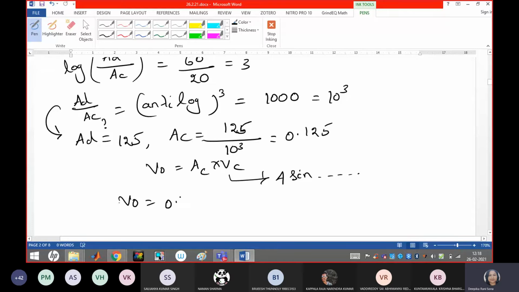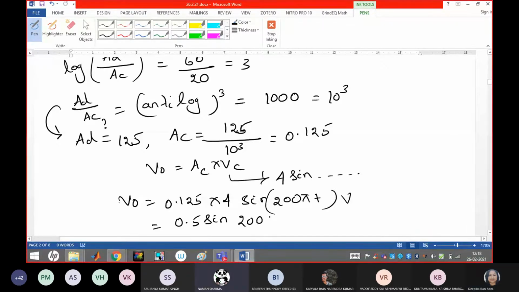V0 equal to 0.125 into 4 sine 200 pi t volt, right? So the new answer is 0.5 sine 200 pi t volts. So in this way you have to represent your answer.